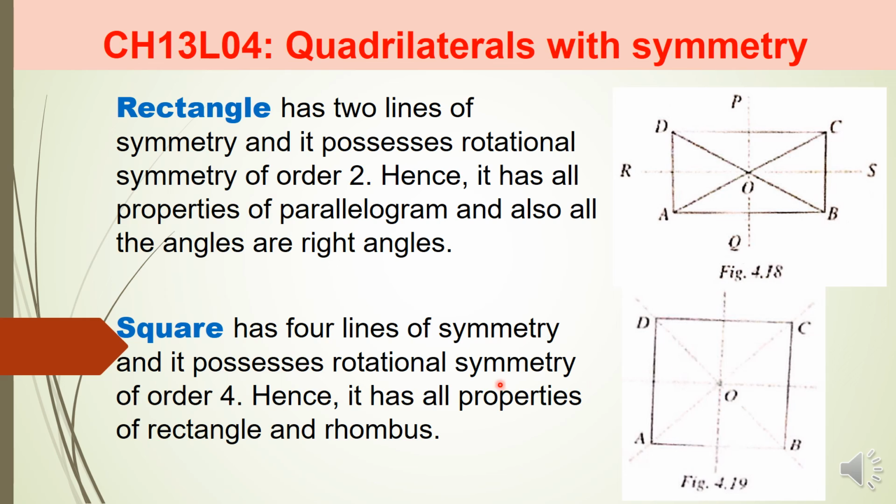So its properties include all the properties of a rectangle and a rhombus, because in a rhombus all the sides are equal, and a rectangle has all angles equal. So a square must include the rectangle and rhombus properties. So if you can write the properties of a rectangle, I think you can also write the properties of a square. So for the two quadrilaterals, please write the properties by yourself.